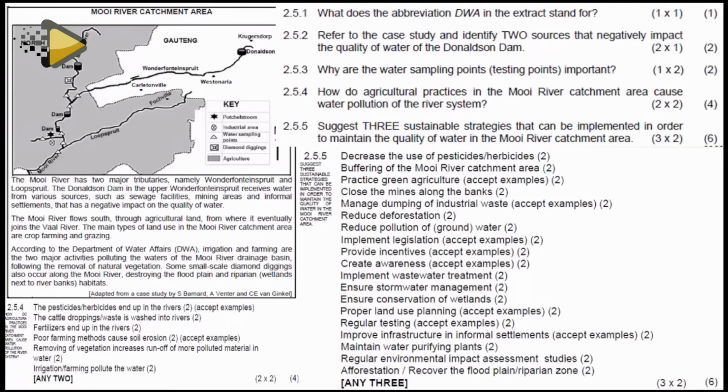Depending on the question, one of the strategies to protect the rivers is buffering, whereby you build boundaries to stop people from accessing the river. You can also make legislation. One of the things that you can do in order to solve problems is legislate.